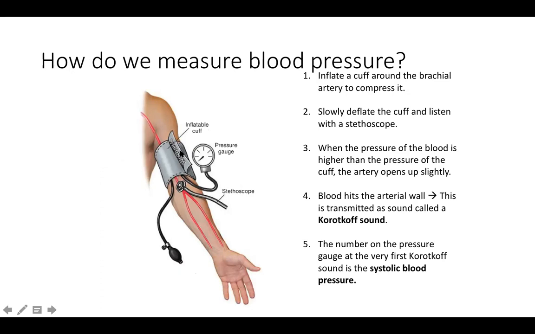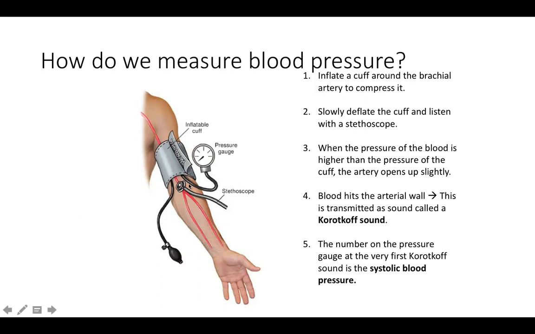This blood pressure cuff has a balloon inside, and when you pump the cuff up, it increases the amount of air in the balloon. When it's around your arm, that will increase the pressure around your arm.